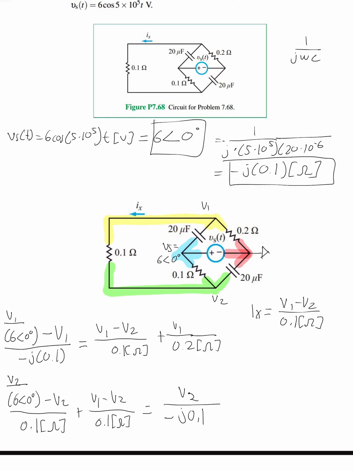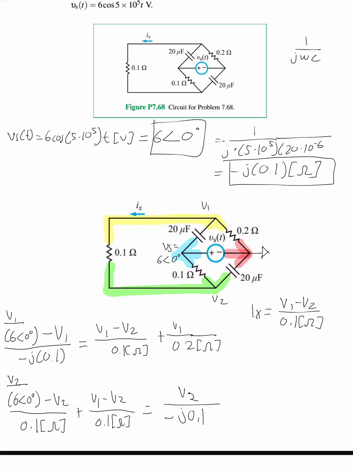6 angle 0 minus y over 0.1 plus x minus y over 0.1 equals y over negative i times 0.1.